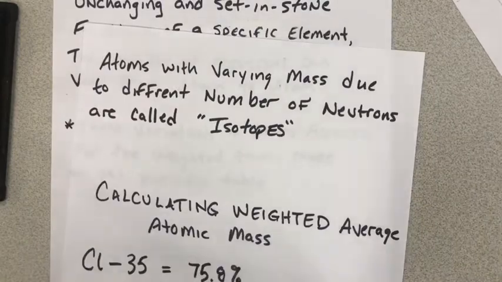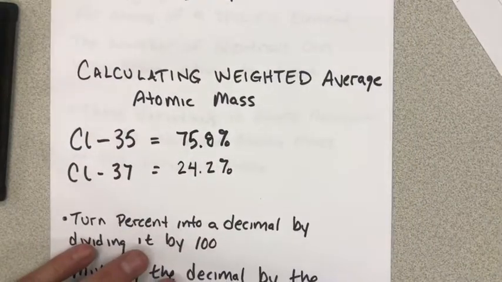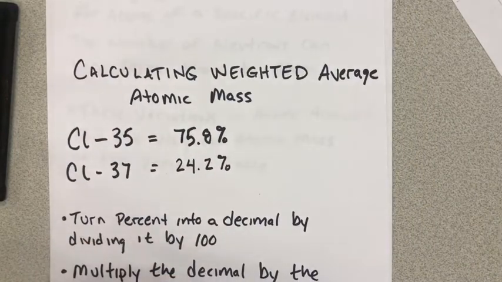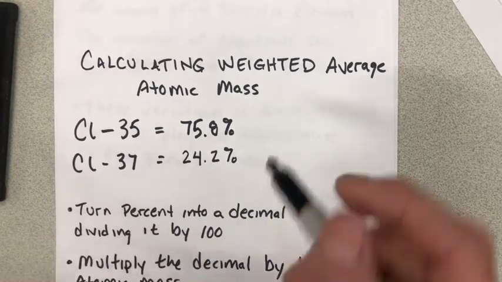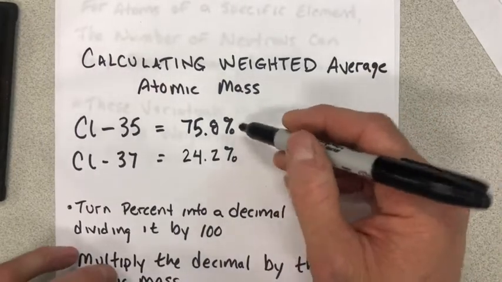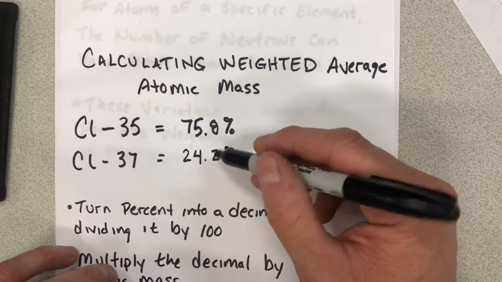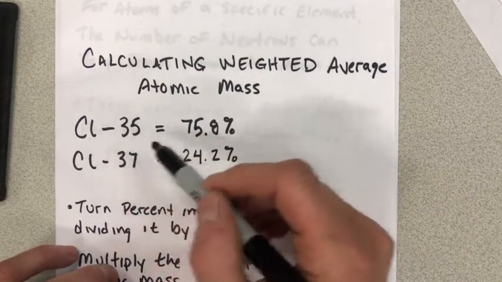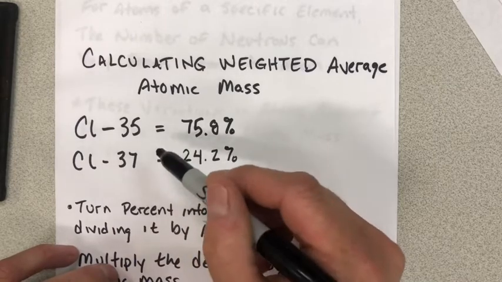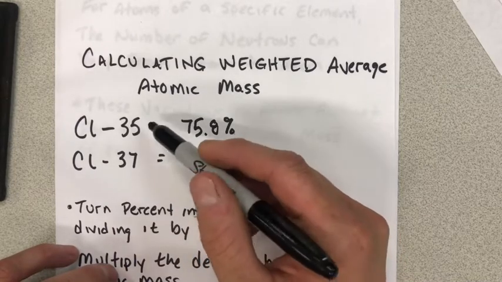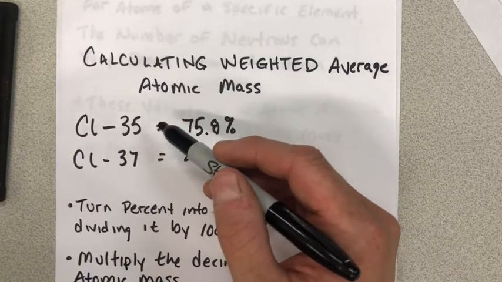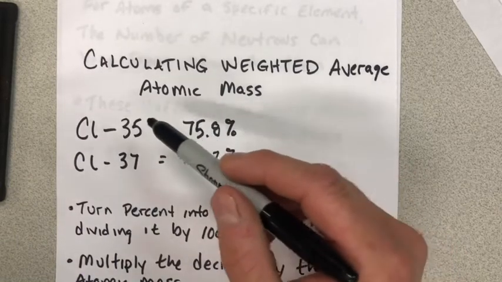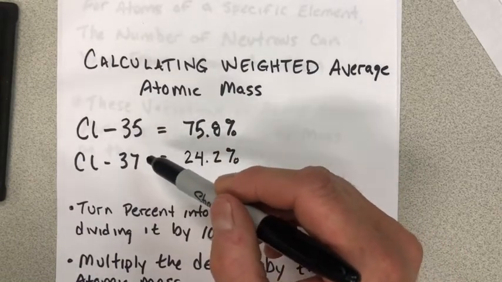Alrighty. So let's talk about this weighted atomic mass and how that's calculated. So there's some things you have to be told, especially about what we call the relative abundance. And so this example here is with chlorine's 2 isotopes. Chlorine exists in 2 different forms naturally as chlorine-35 and chlorine-37.